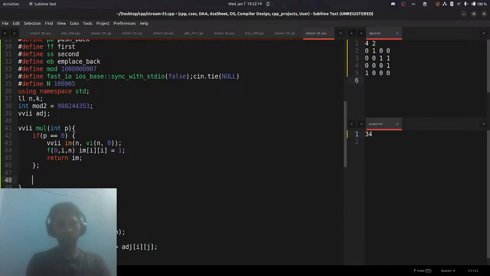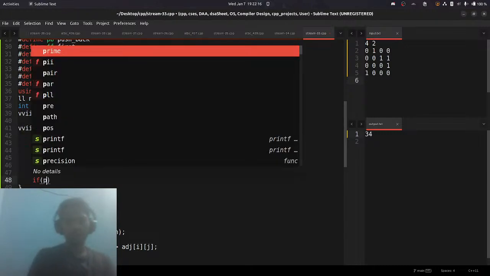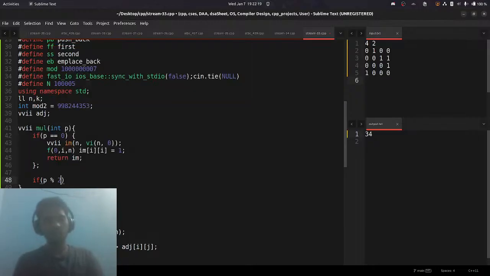Otherwise we have two options: if P is even, or if P is not even.